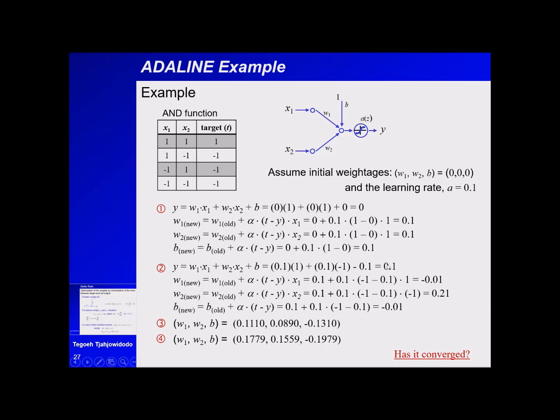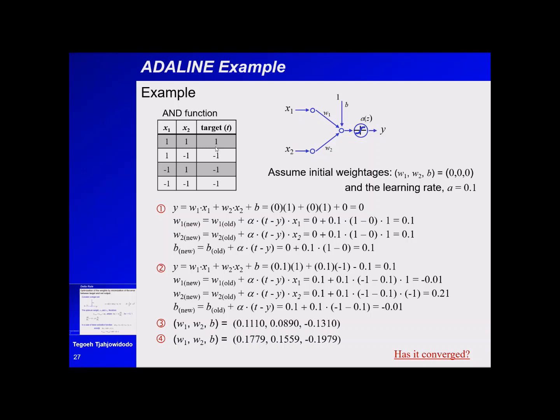So after you calculate the output here, you pass it to the activation function and then you compare it to the target. If it is the same, then that means your weightage has converged to the optimal weightage.